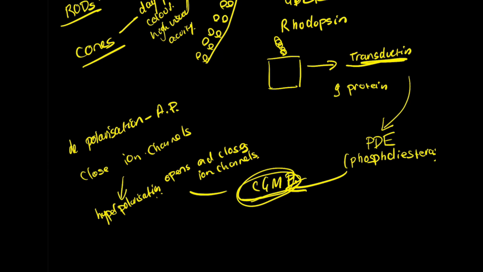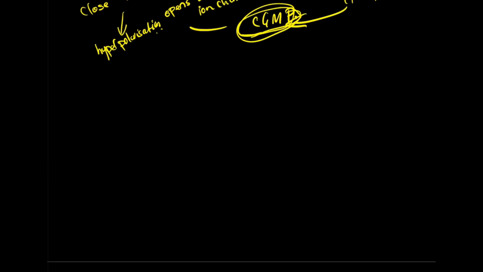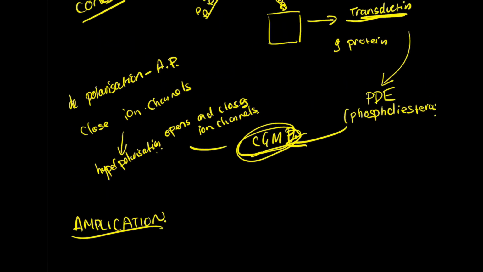The advantage of this process is primarily amplification. The question you might ask is, why do we have to have such a complex system, with PDE, cyclic GMP, and opening and closing ion channels? Why can't we just make it super simple, maybe jump directly to the opening and closing of ion channels?